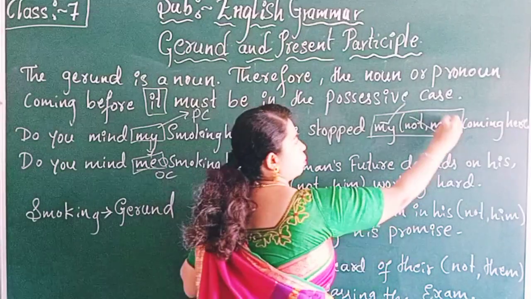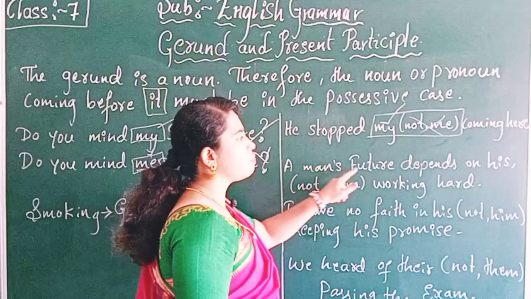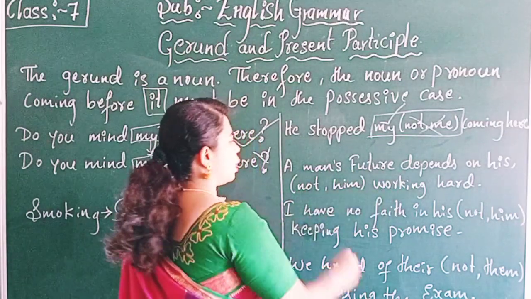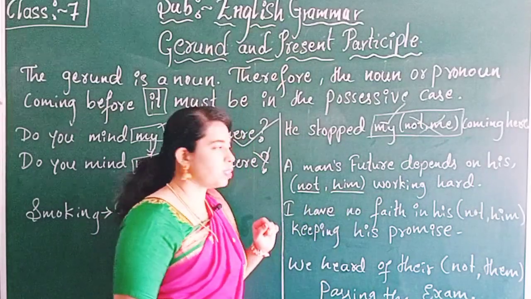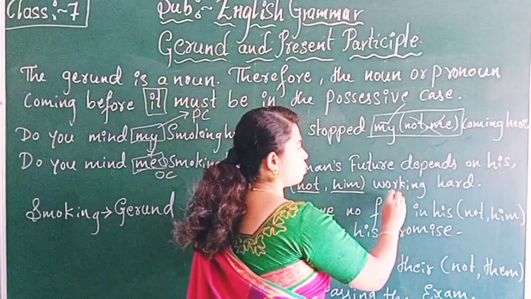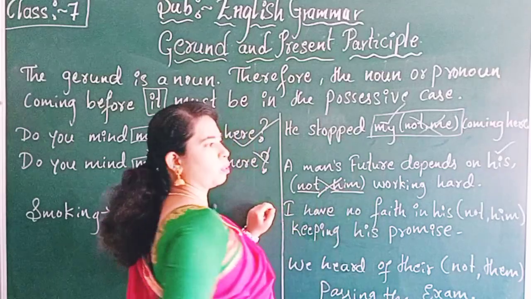Second one: a man's future depends on his working hard. Him working hard, which one is the right one? A man's future depends on his working hard. His is the right one, we should not use the other two.